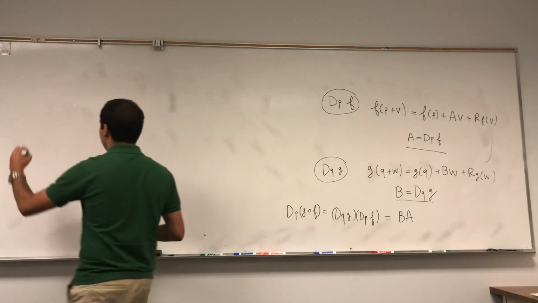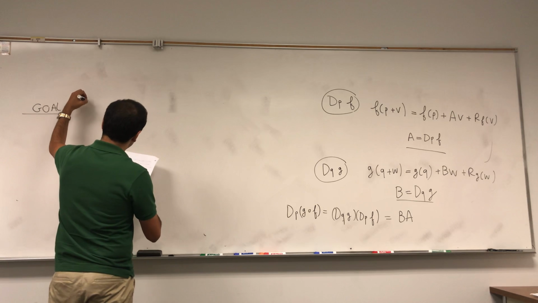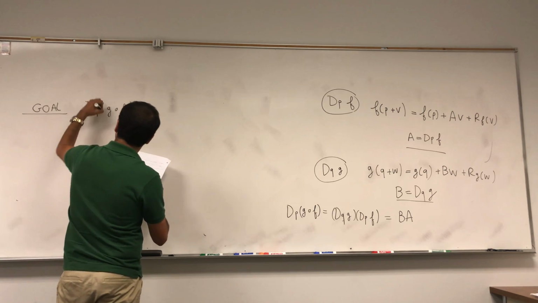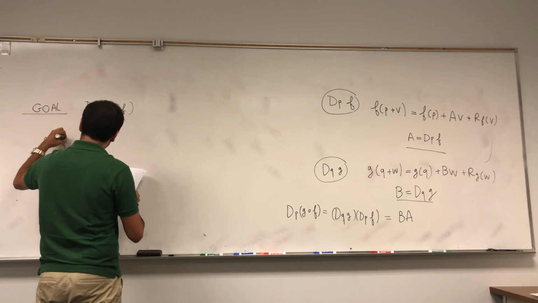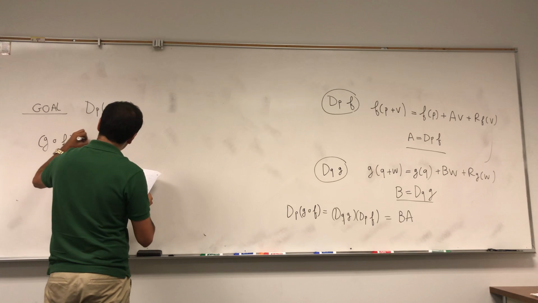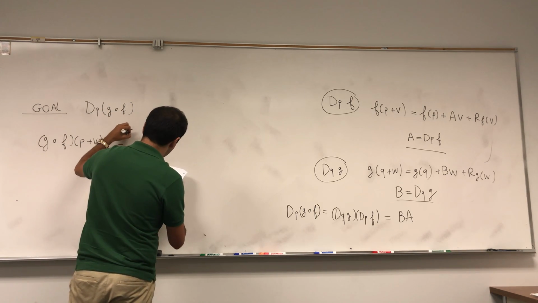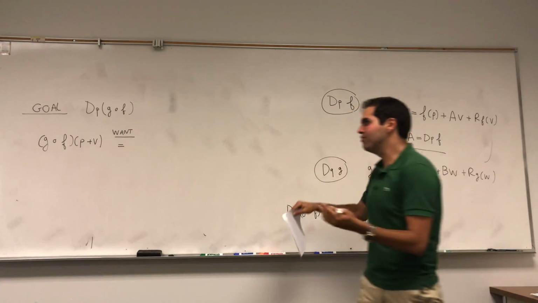So, goal. What do we want to show? Again, we want to talk about dp of g composed with f. We want the following expansion to be true: g composed with f of p plus v. What happens if we start at p and add a little v to it?